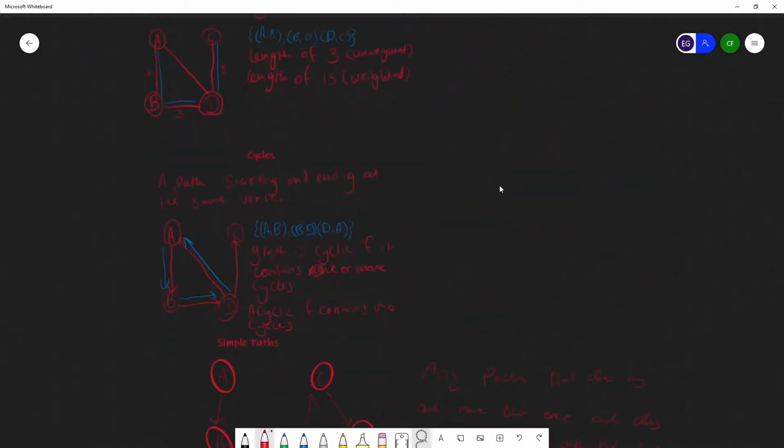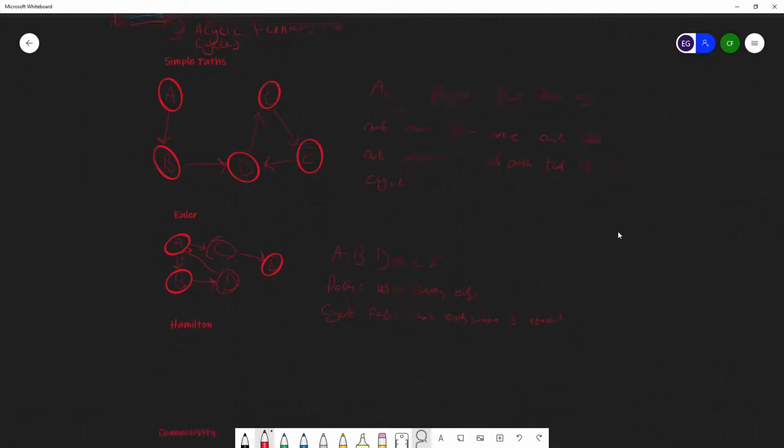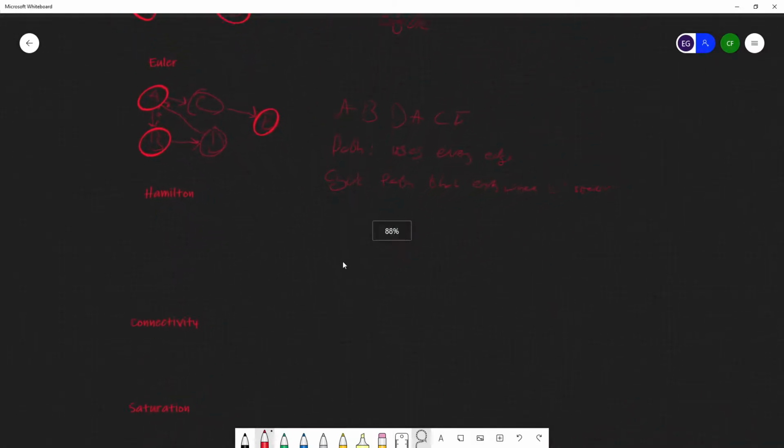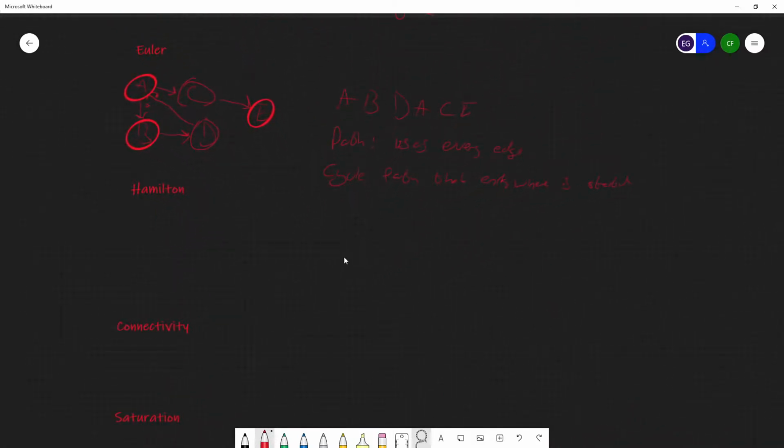Another word for a cycle is a circuit. Equally, they can be interchanged just as much as node and vertex. So a Hamilton cycle, in fact, I'll put this here, is a cycle containing every vertex exactly once.